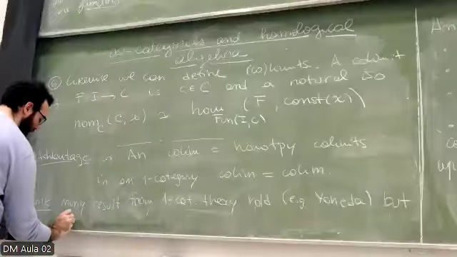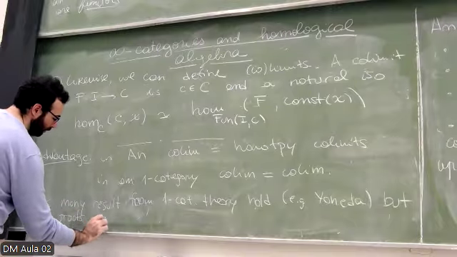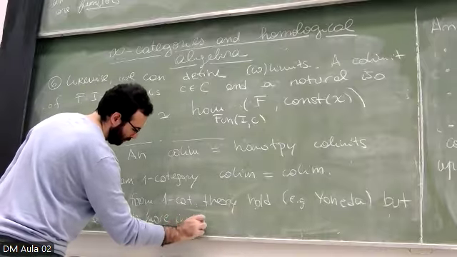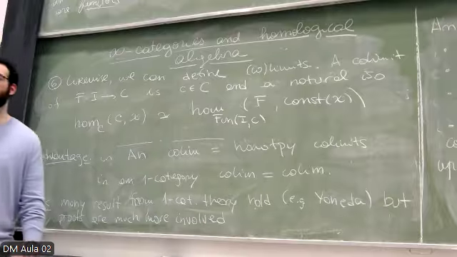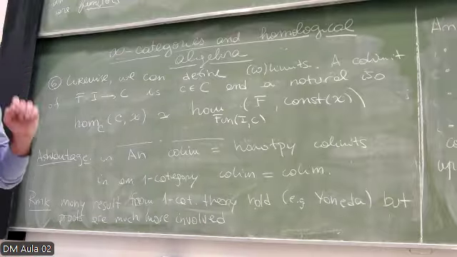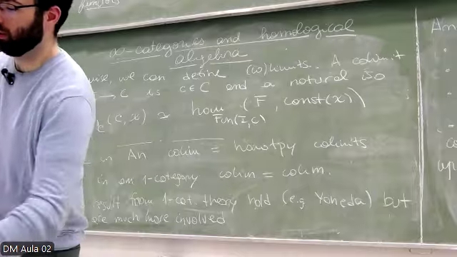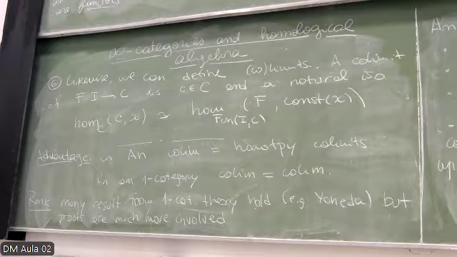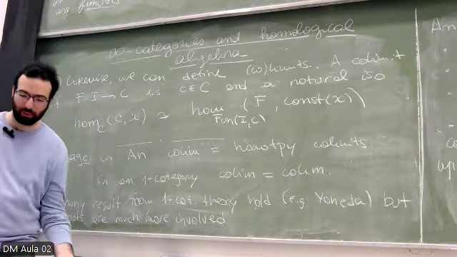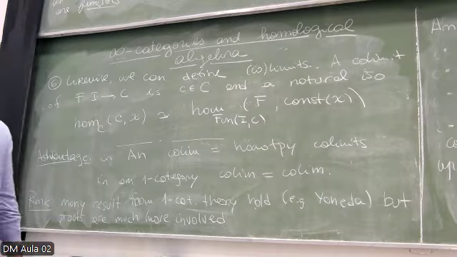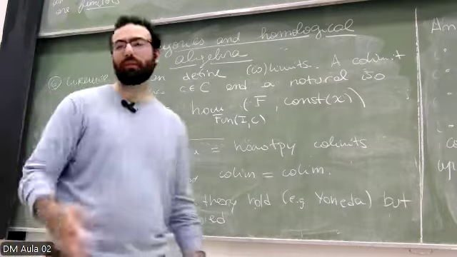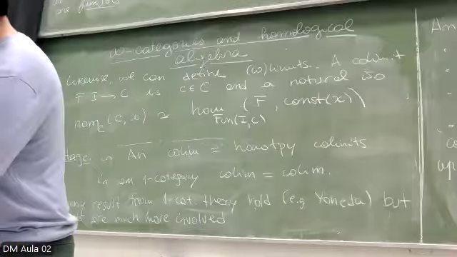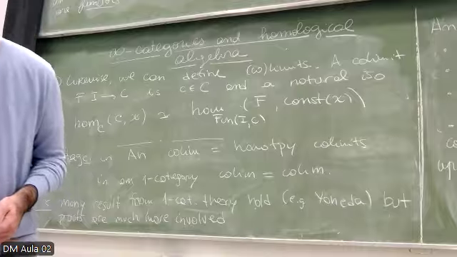But the proofs are much more involved. So the existence of this Hom functor that I described before, or the Yoneda lemma, or the fact that a natural transformation is invertible if it's invertible object-wise, or that an equivalence between categories is the same as essentially surjective and fully faithful. So if you've seen any of these things, all of them hold, but the proofs are much harder.